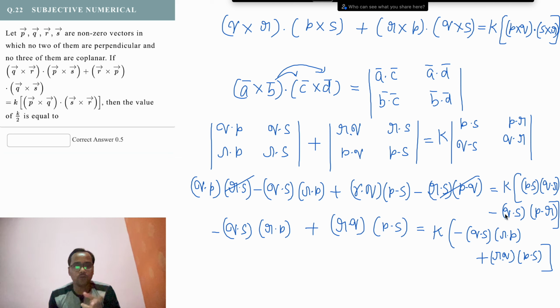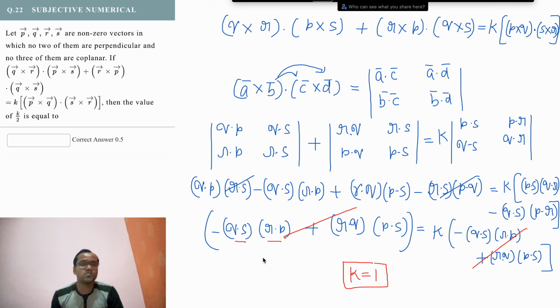We can commute them. And you see, this and this are same, so this will be cancelled. So k is coming out to be 1. So the answer for k by 2 will be 0.5.